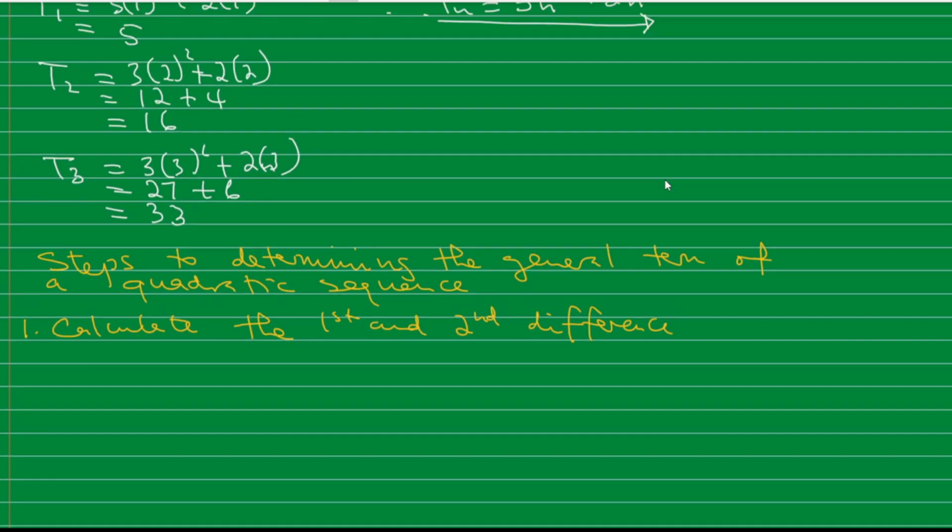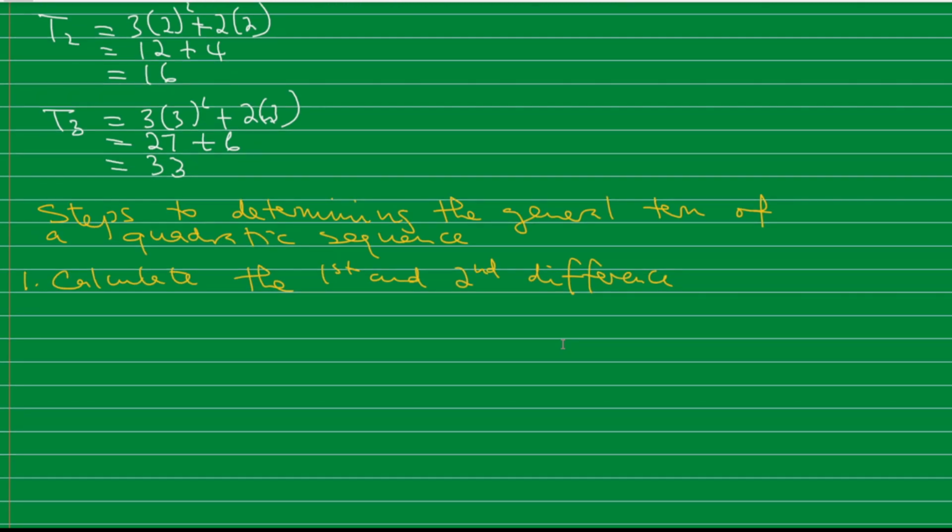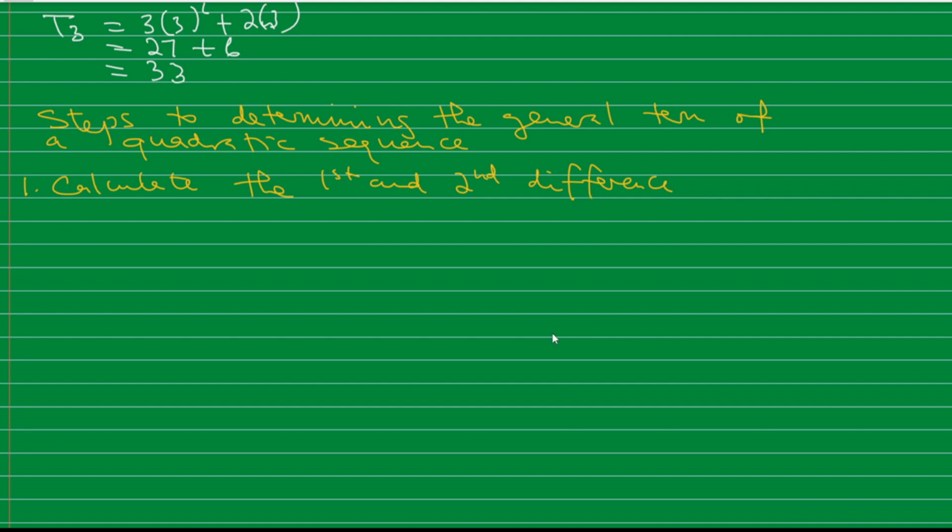In other words, create your row of first differences, this is my first differences here, and the second differences. And then after that, number 2, the first and second differences will give you the ability to calculate A. A being the coefficient of the first term.